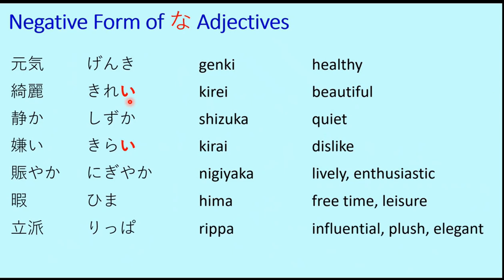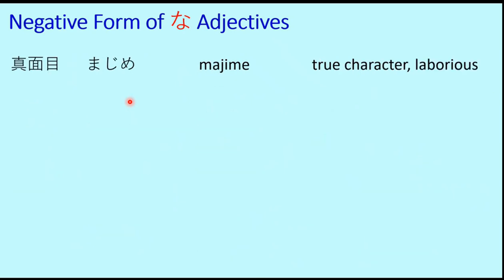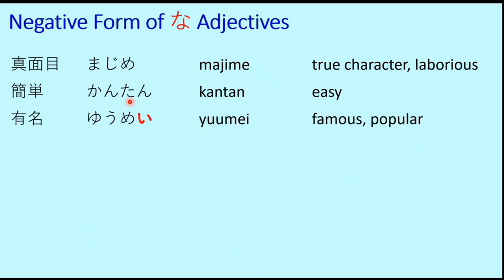Rippa, elegant or impressive. So rippa dewa nai. Benri dewa arimasen means it's not convenient. Majime, serious or hardworking. Majime dewa nai means the person is lazy or is not hardworking. Kantan, easy. Kantan dewa nai, it's not easy. Yuumei, famous, popular. Kare wa yuumei desu, or we can say kare wa yuumei dewa arimasen.